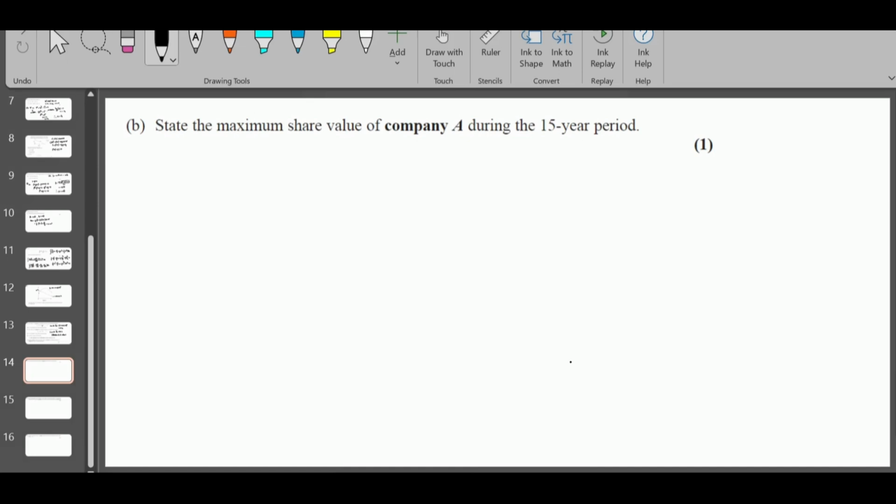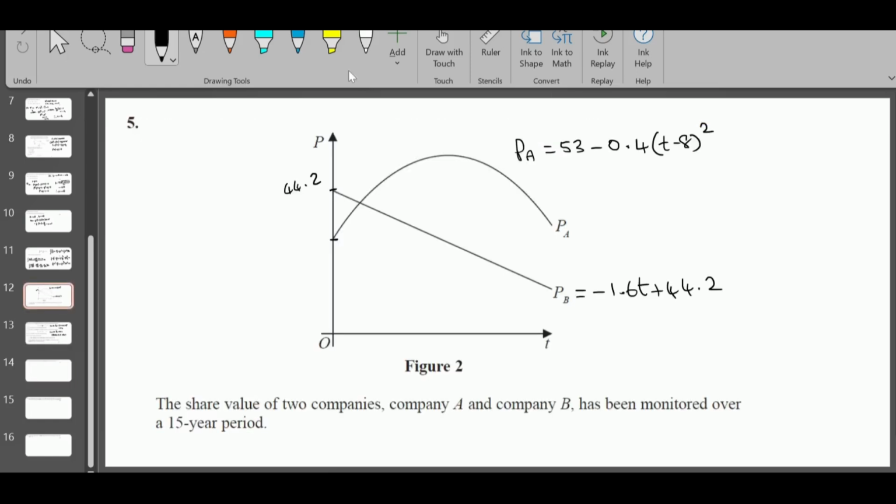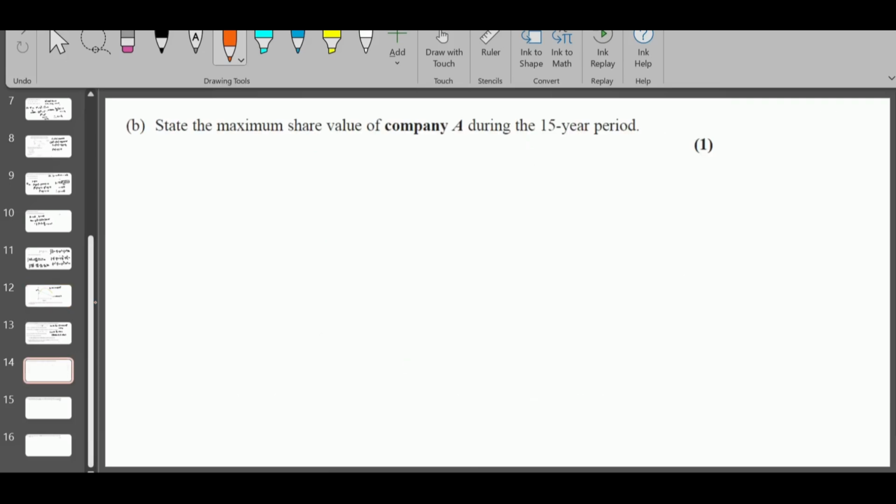Part B now. State the maximum share value of company A during the 15-year period. They are talking about maximum share value of this company. So you need to find this maximum point and you will get x coordinate and y coordinate. The y coordinate is the maximum value of the function. Since we know PA is 53 minus 0.4 times t minus 8 whole square, always remember this.